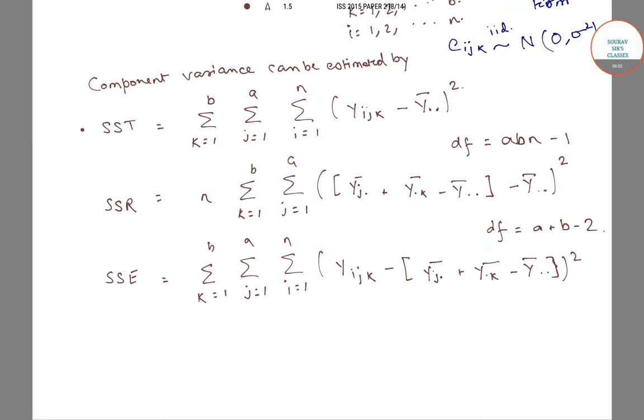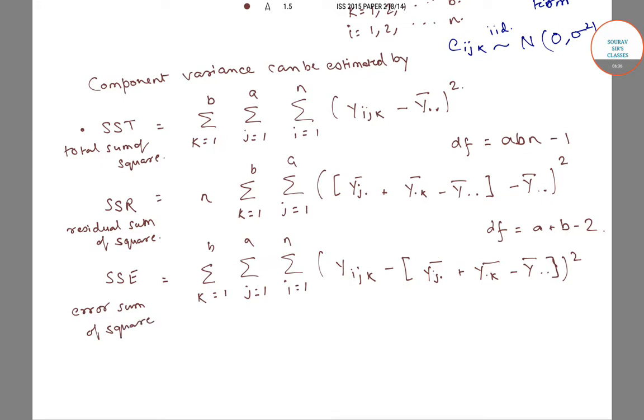So the first one is total sum of square, SSR is residual sum of square, and SSE is error sum of square.